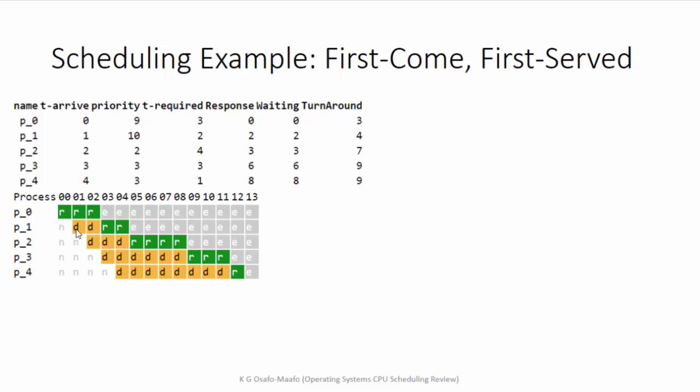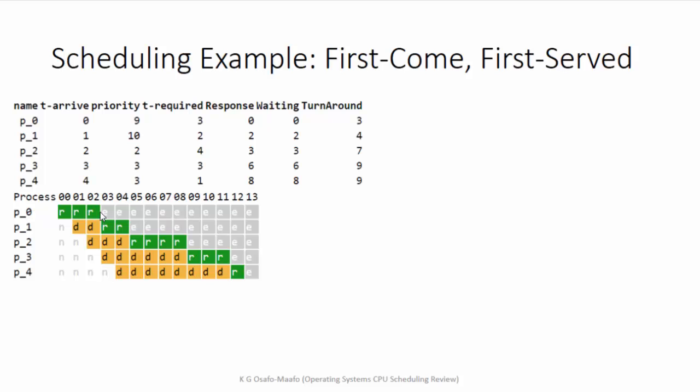Meanwhile, P1 came at 1 and P2 came at 2, but they don't get to run because P0 is already running. I said it's first come first served, non-preemptive. I repeat, non-preemptive. Non-preemptive means you can't stop somebody from running, right? So whoever came first, P0, gets to run.